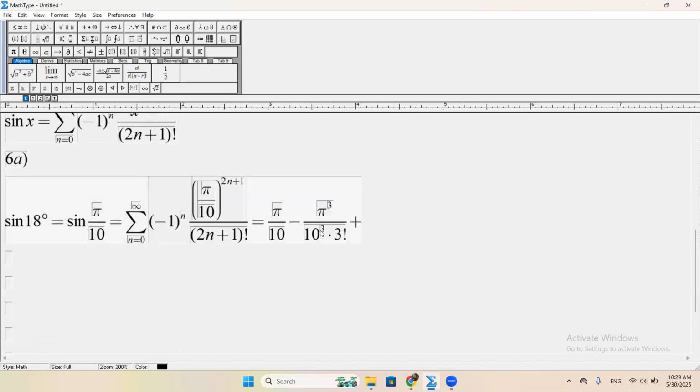Plus, substituting 2, pi in power of 5 over 10 in power of 5, multiplied by 5 factorial. And let's write down one more term. So pi in power of 7 over 10 in power of 7 multiplied by 7 factorial.